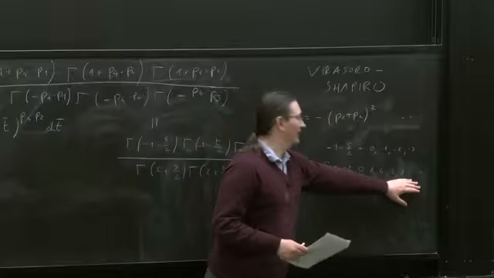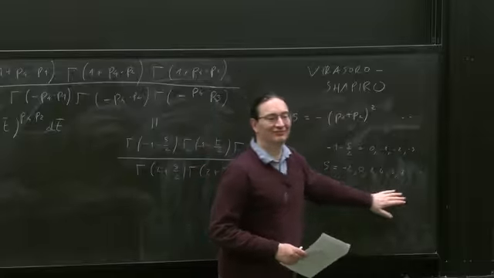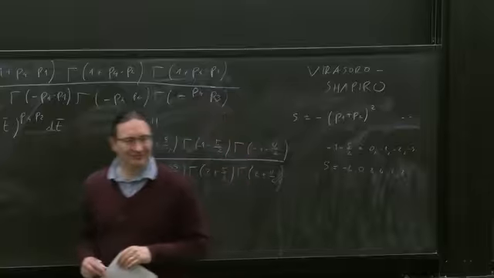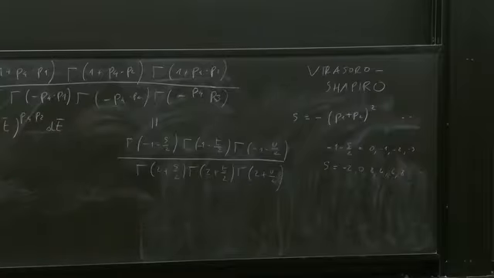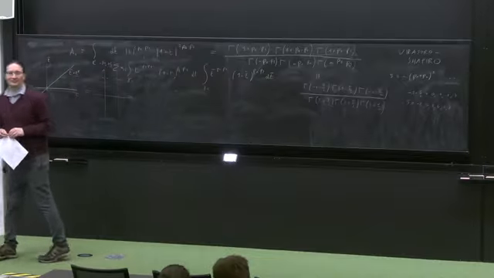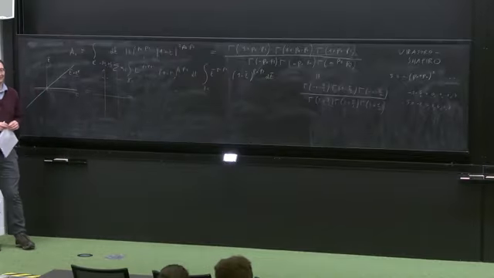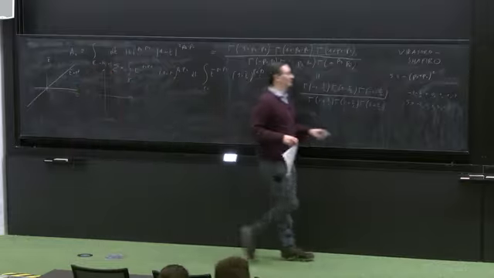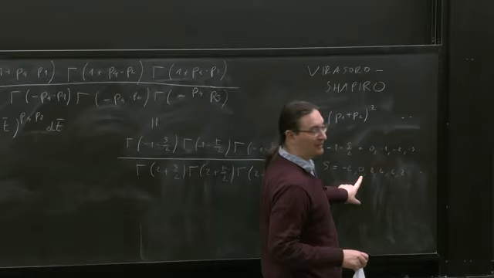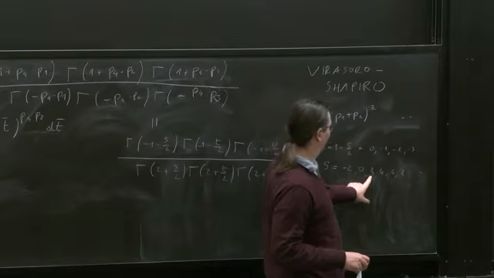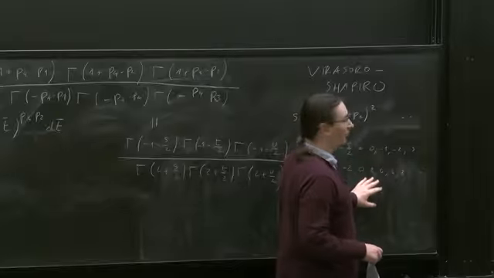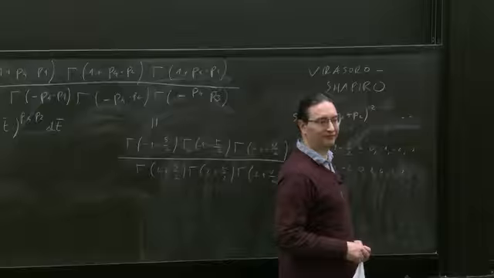What does this remind you of? Is this the masses of the strings? Yes, that's right. So the theory has a tachyon, a graviton, and other massless states, and a tower of massive string states, whose m squared is an even integer.